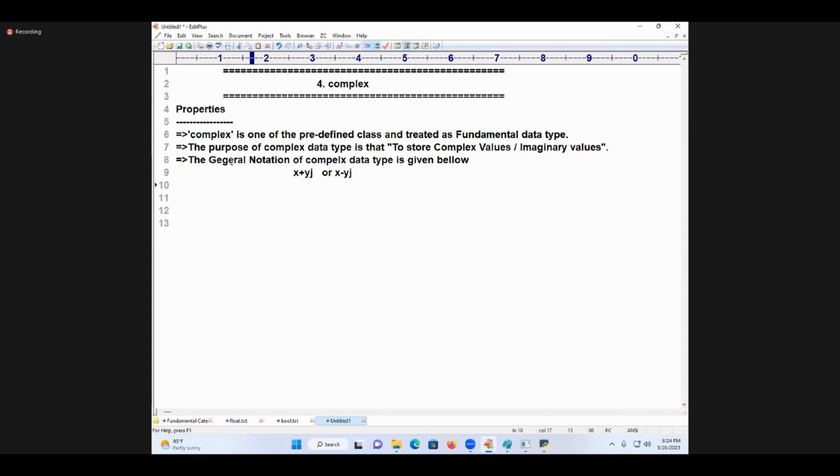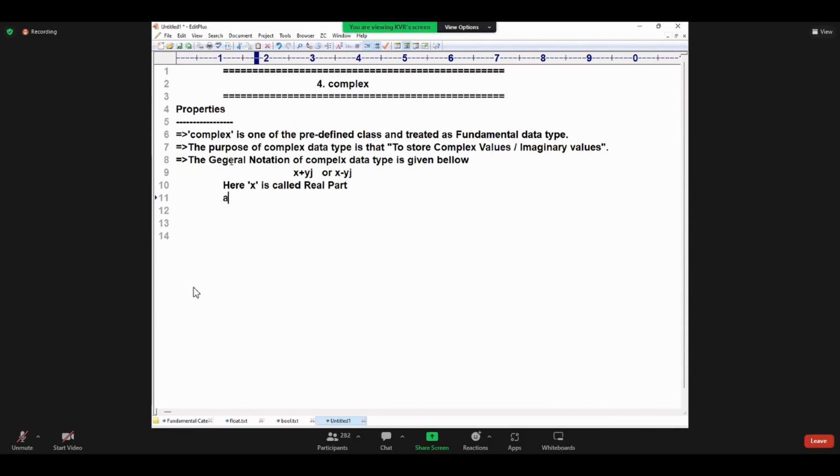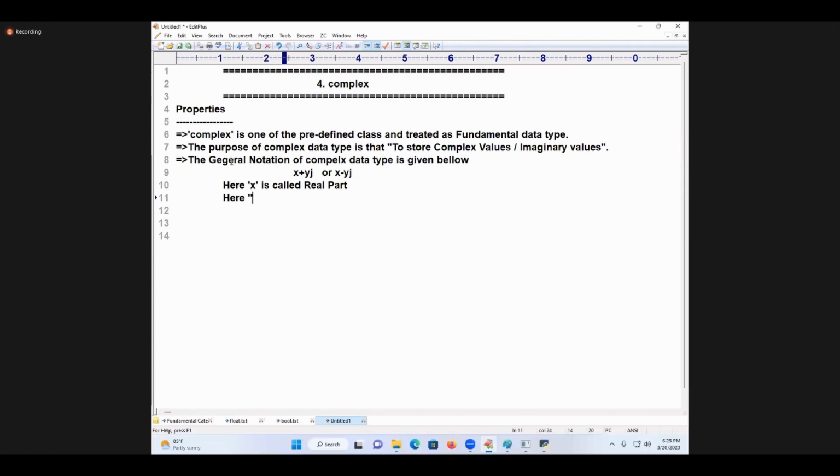Here, X is called the real part, and Y is called the imaginary part.